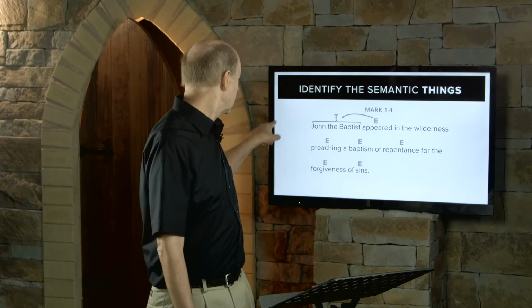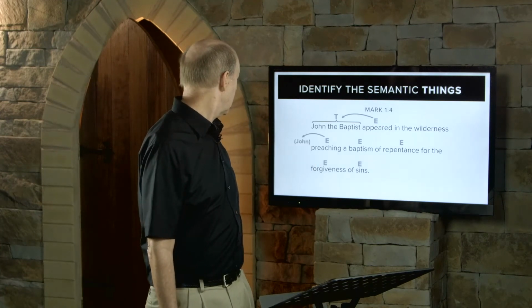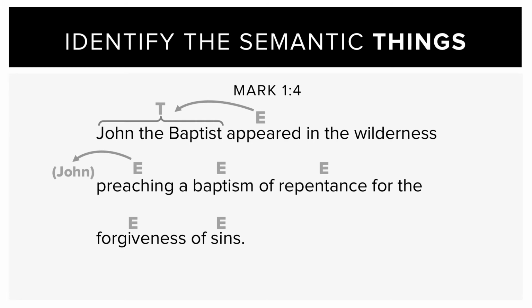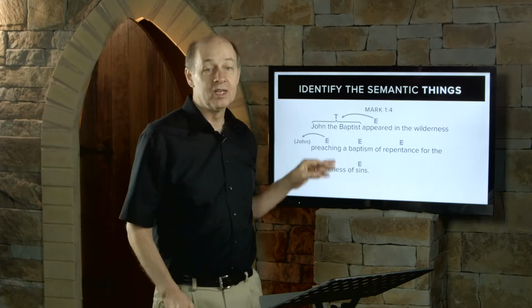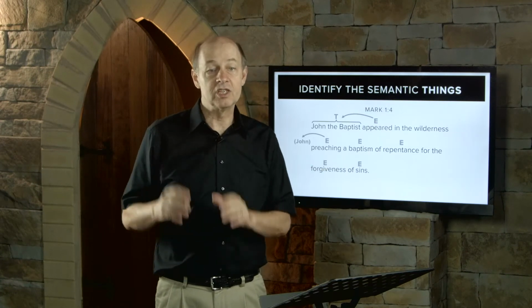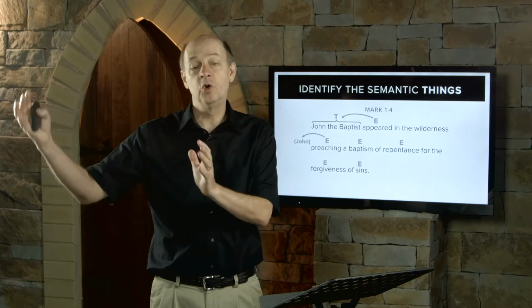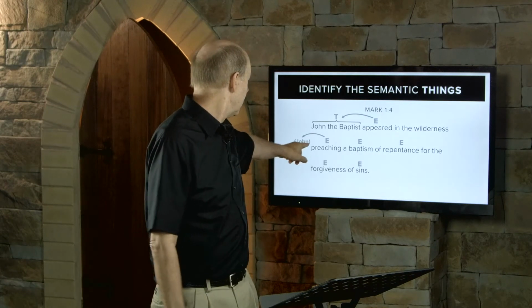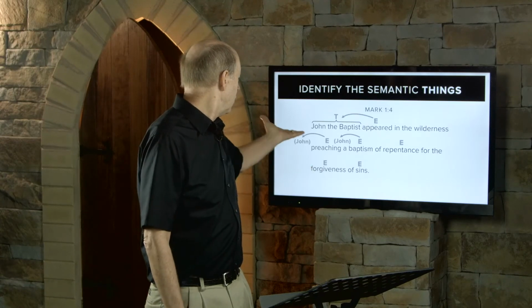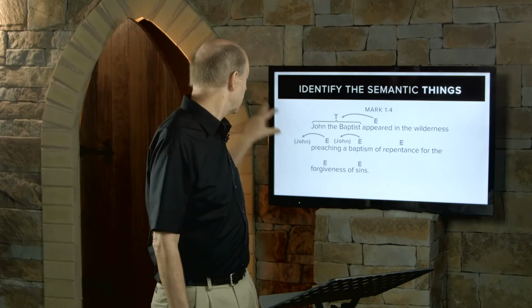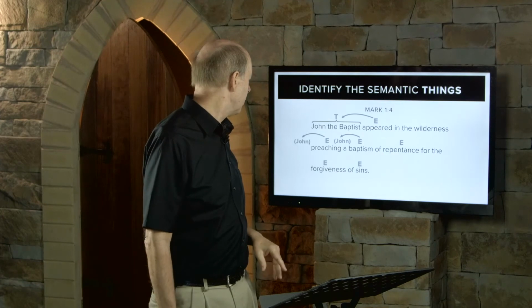The next event, preaching. Again, John is the one who was preaching. Now, as we fill out this entire proposition, we may also state, perhaps in parentheses, what he is preaching and to whom he was preaching. The next event, John is baptizing, and it would be appropriate probably to include who he is baptizing. John is baptizing people.